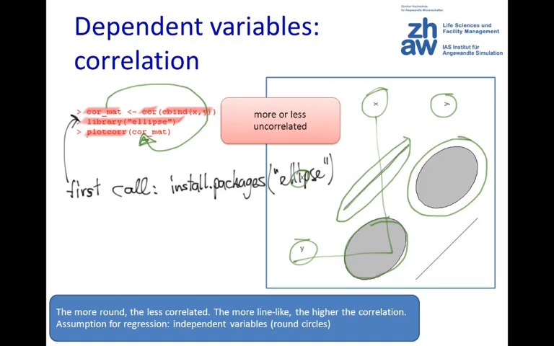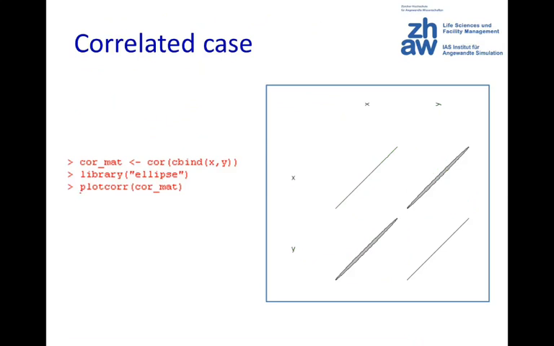If the correlation would be higher, we would see that this circle transforms into more like an ellipse, or you could also have negative correlation and the ellipse would just go into the different direction. So this is a very convenient way of visualizing a correlation matrix. Here we see, as another example, a correlated case with very thin ellipses alluding to extremely high correlations.